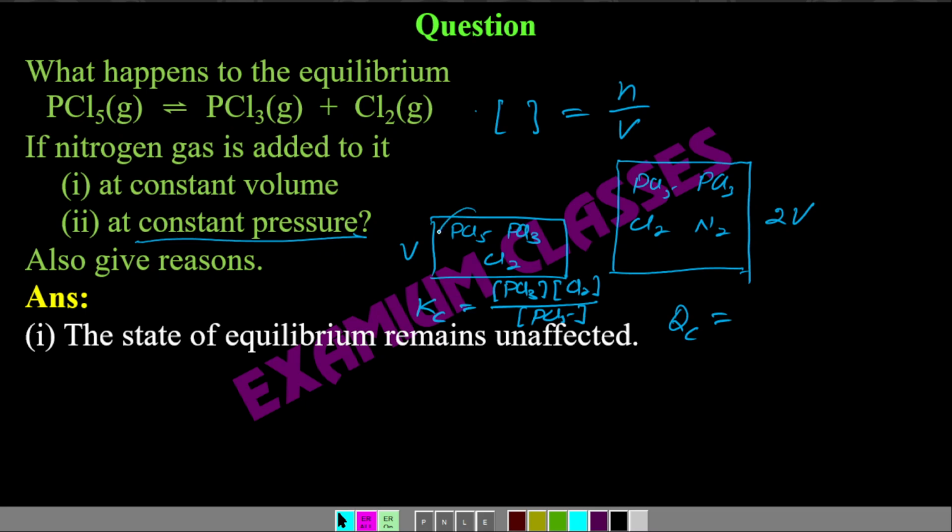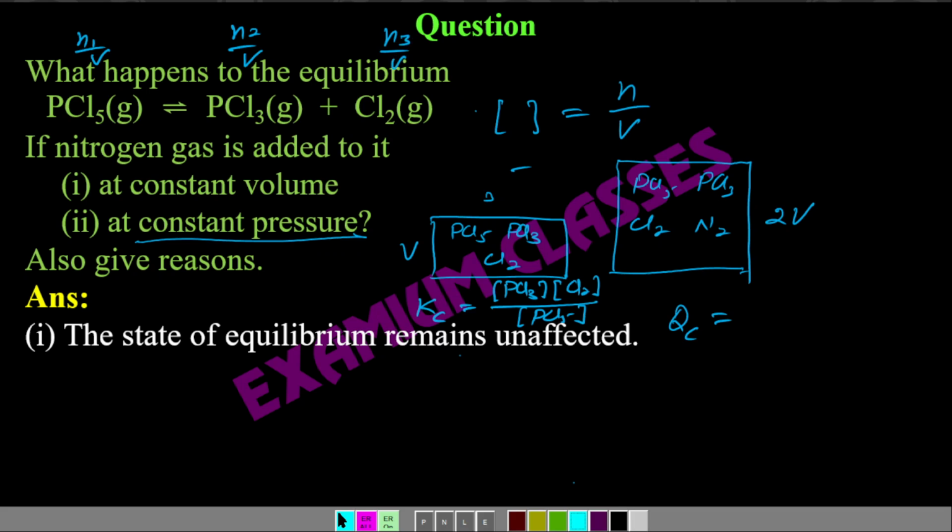Whatever the concentration here was, say the number of moles of PCl5 was N1, so it was N1 by V. For PCl3, if it is N2, N2 by V. For Cl2 it was N3 by V. So I'm writing it here: N1 by V, N2 by V, N3 by V. This is the concentration.